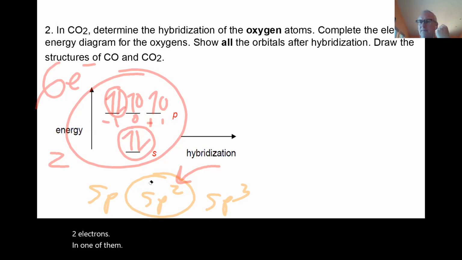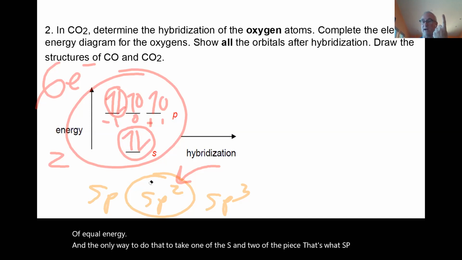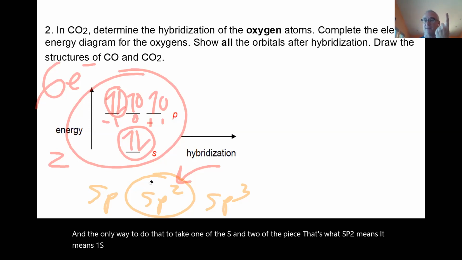So we need 3 new orbitals of equal energy, and the only way to do that is to take the s and 2 of the p's. That's what sp2 means: 1 s orbital plus 2 p orbitals.